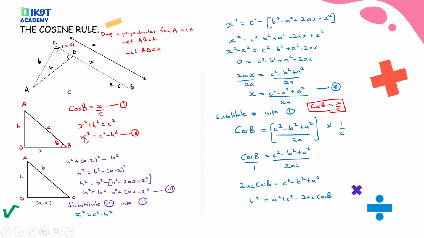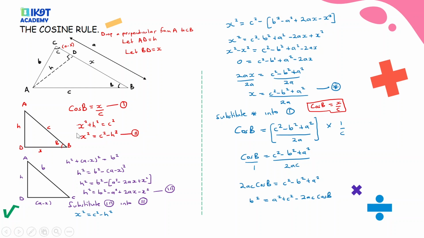We make x squared the subject. Remember, here we have an x, but we want to eliminate the x because x is not part of the sides of the original triangle we had. So the first thing we do here, we use Pythagoras theorem. We get x squared equals c squared minus h squared. We call this equation 2. Then we extract our second equation. Still, we use the Pythagoras theorem, then we make h squared the subject.